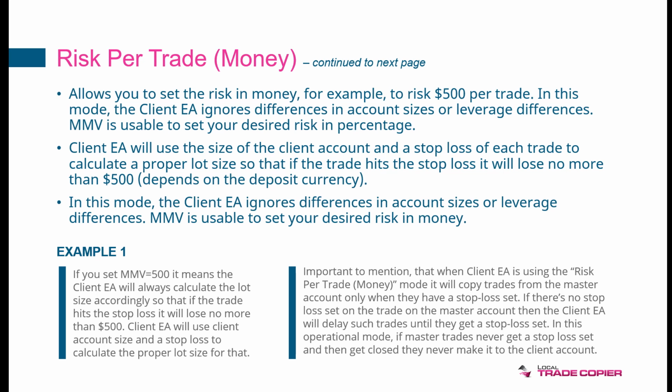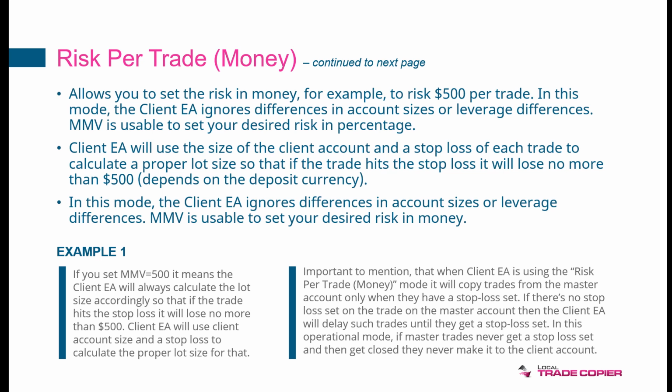The client EA will use the size of the client account and the stop loss of each trade to calculate a proper lot size so that if the trade hits the stop loss, it will lose no more than $500, depending on the deposit currency, of course. In this mode, the client EA ignores differences in account sizes or leverage differences as well.